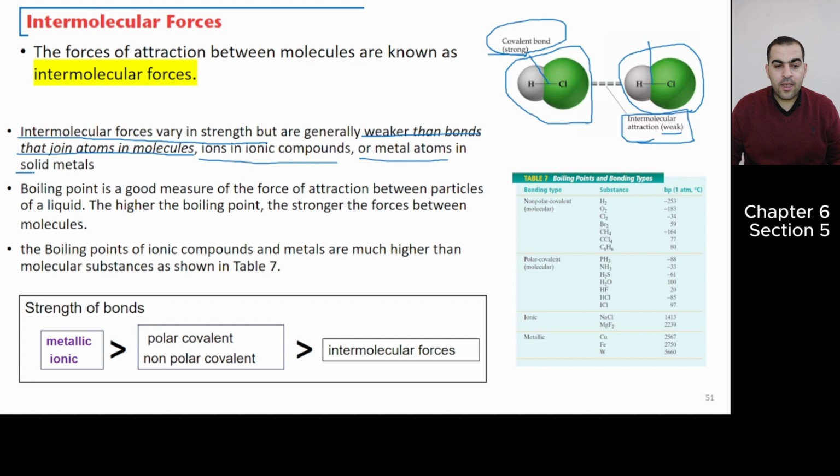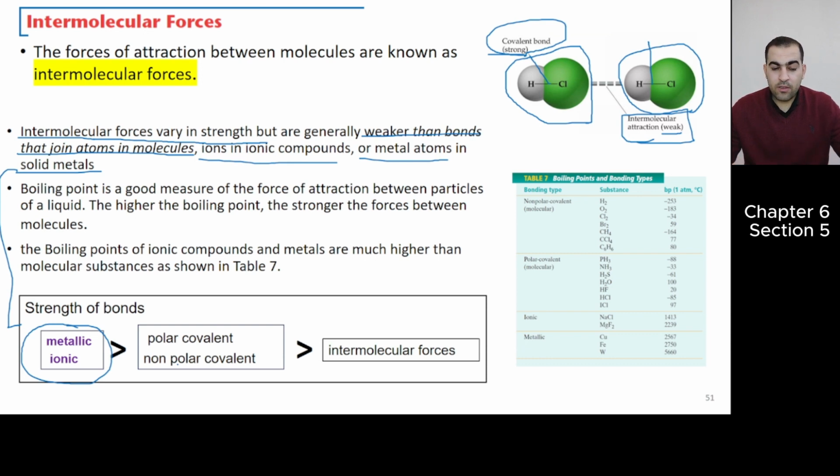So we can arrange the order of strengths like that, guys. Metallic and ionic are stronger than polar and non-polar. Do you know we have two types of covalent bond? Polar, where electrons are unequally shared. Non-polar, where they are shared equally. So covalent bond is between atoms of a molecule.